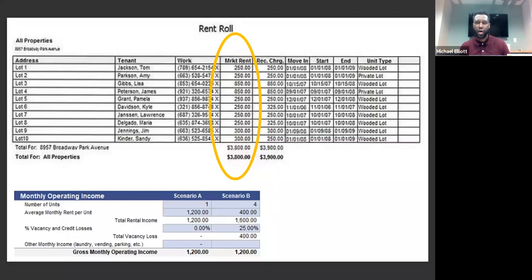You want to make sure that you're calculating the right price or right lease rate for the property that you have so that you can cover costs for the expenses that we'll go into a little bit later. At the very bottom of this particular sheet, it gives a couple of different scenarios using different types of information. You want to sit down with your team and say, hey, what is the ROI that we want to get on this property? Let's put ourselves in different scenarios so that we understand how much of a return on our investment we can get.